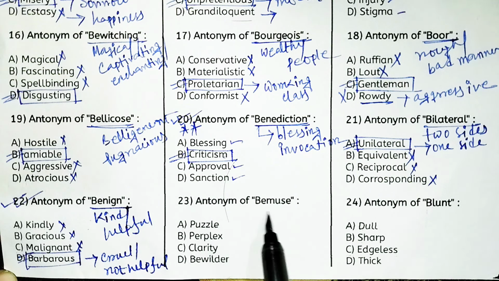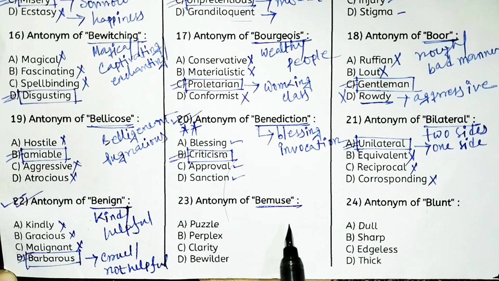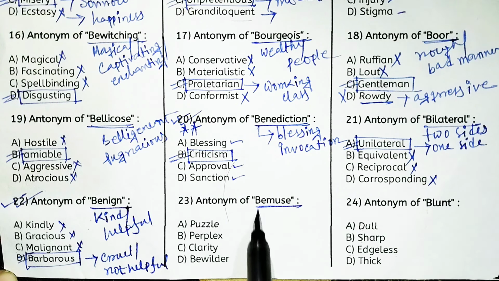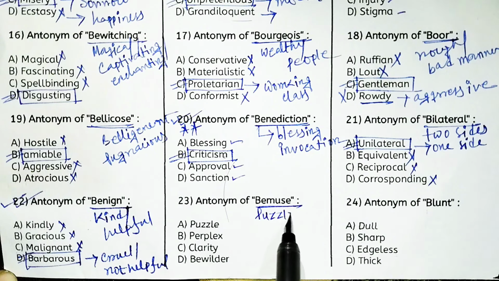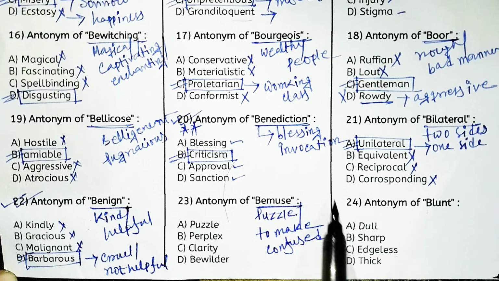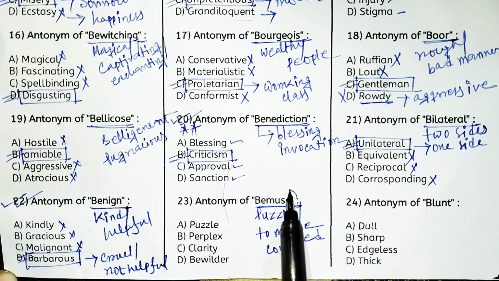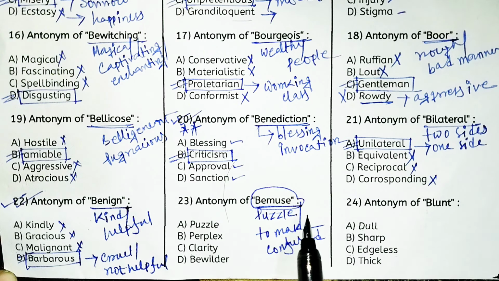Next, antonym of bemuse. Look, bemuse means one kind of puzzle, or you can say to make someone confused. So what is the opposite meaning of bemuse?